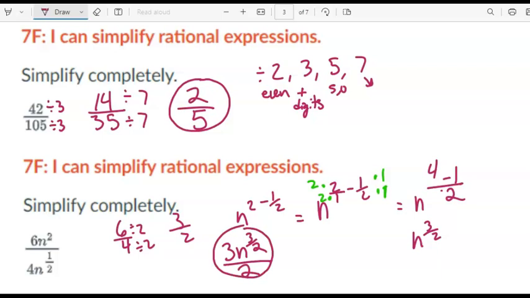There's some other ways that they might write this as well. So they could have 3n times the square root of n over 2 as well. So either of those would be acceptable answers.